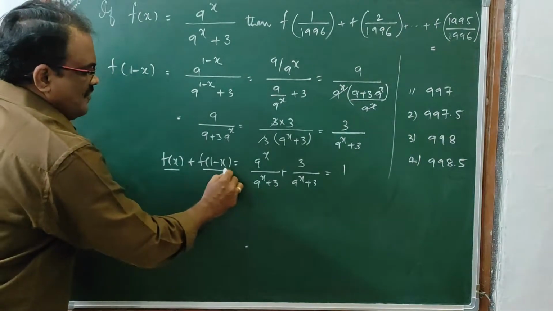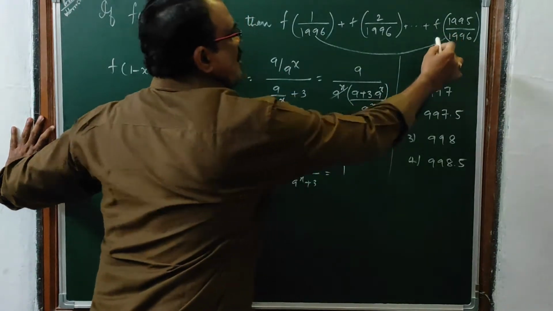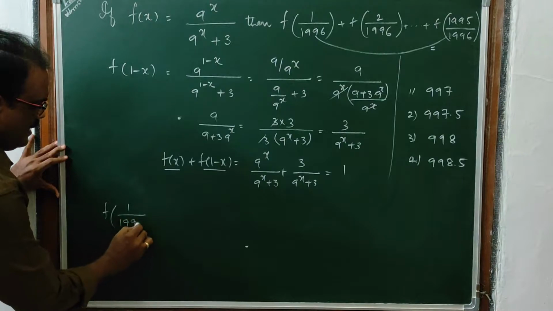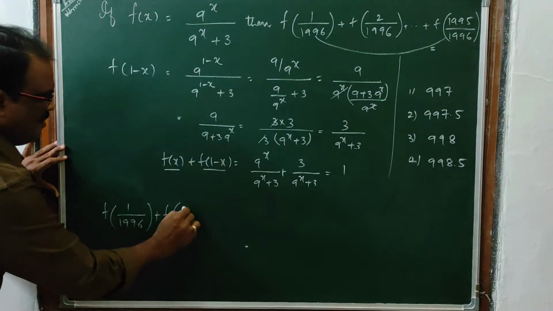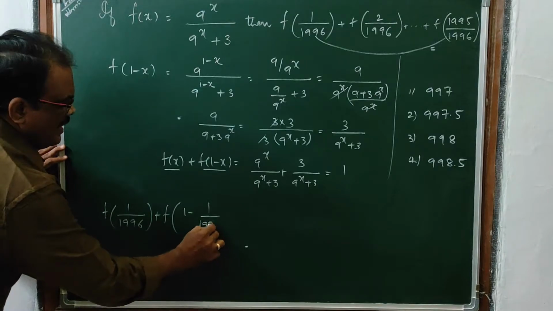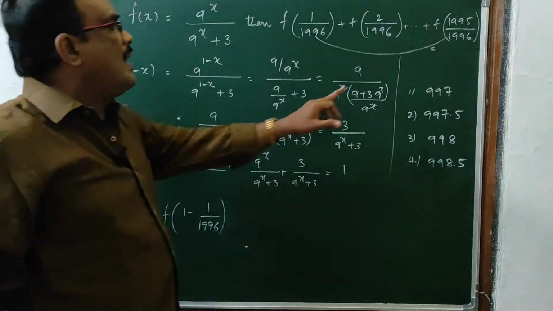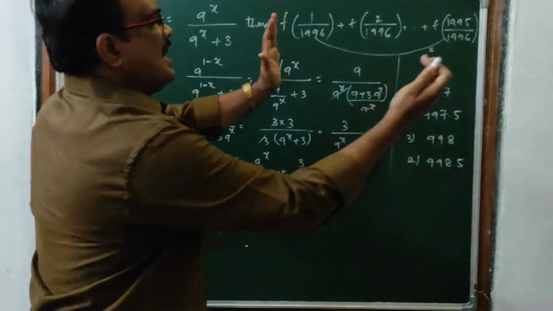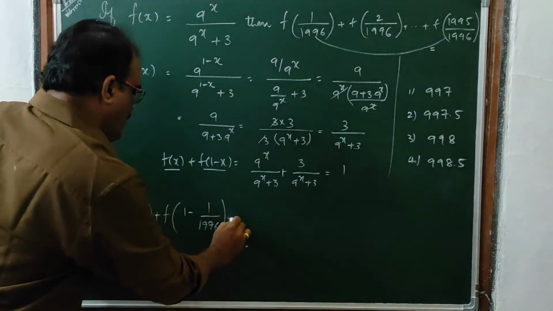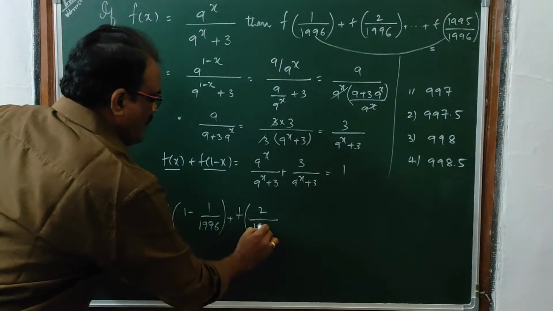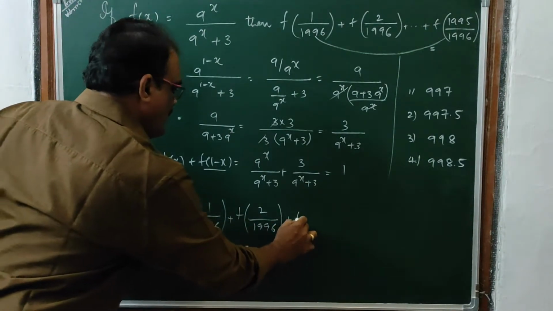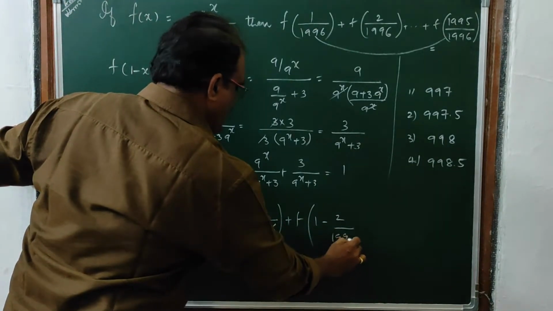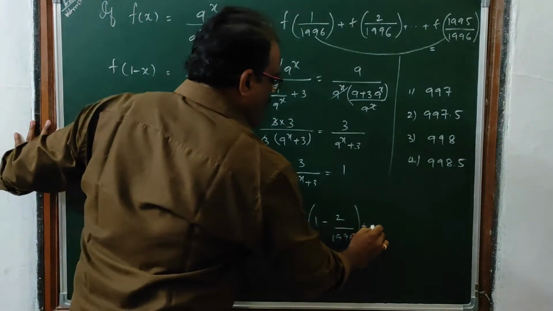So, f of x plus f of 1 minus x, first and last term: f of 1 by 1996 plus f of 1 minus 1 by 1996, that is 1995 by 1996. So, first and last, second and the last but one. If you go on adding 2 by 1996, f of 1 minus 2 by 1996, like this, go on adding.